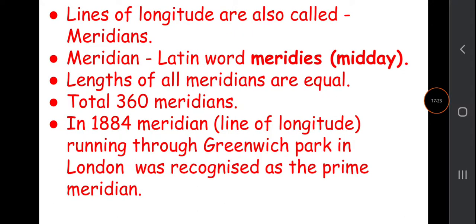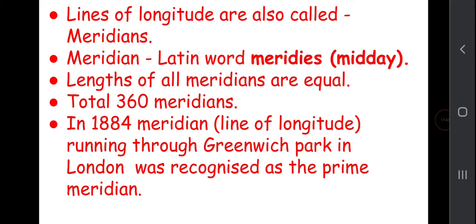Now let's revise. Lines of longitude are also called meridians. Meridian is a Latin word, comes from meridies. It is also called midday or afternoon. Lengths of all meridians are equal, as we have seen in the diagram.